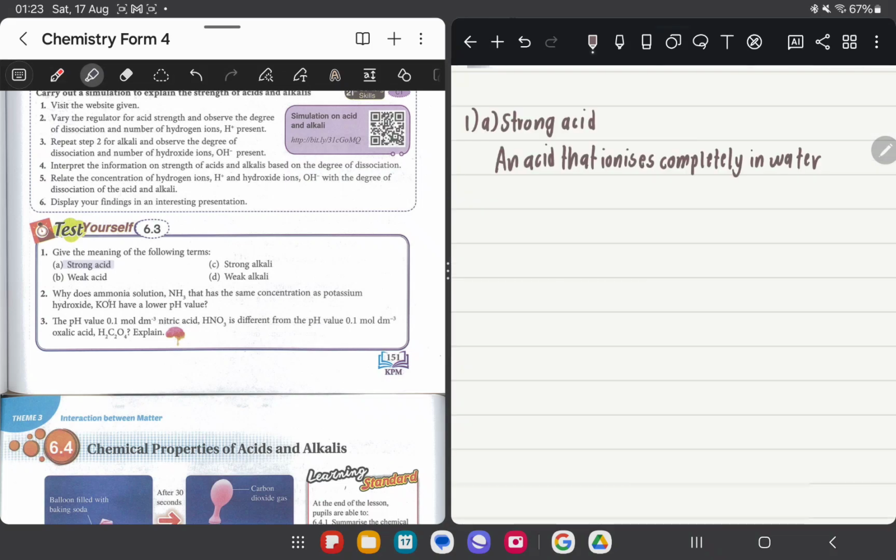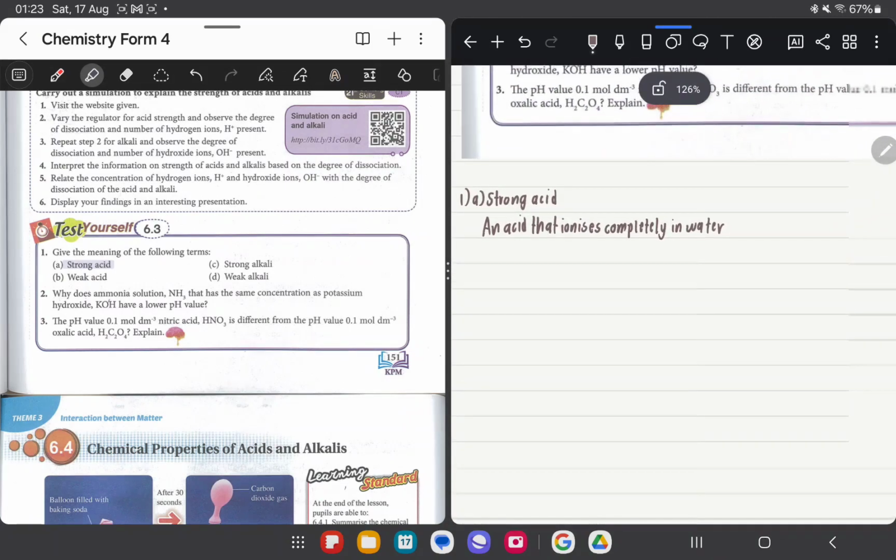If your acid ionizes completely in water, it will produce what? To produce high concentration of hydrogen ions. So these are the words that should be there.